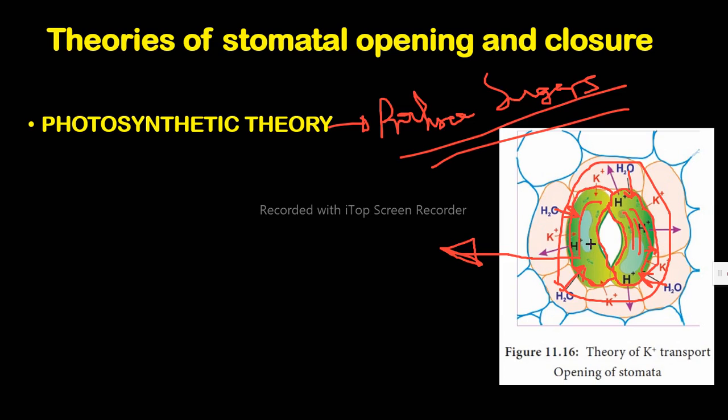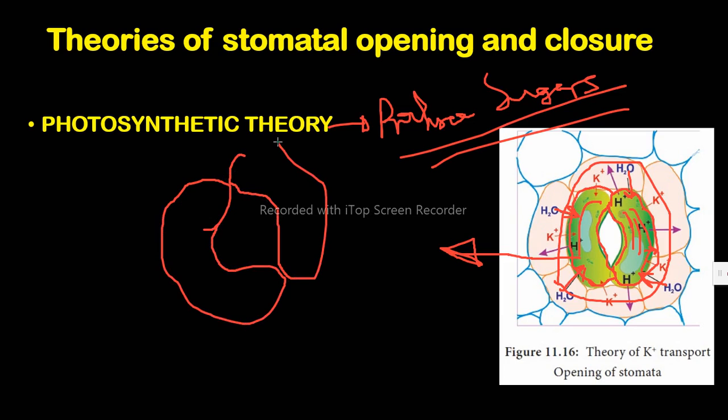Hence the cell walls. Now, like I said, these guard cells have irregular thickening. Let me try to illustrate. Whereby the inner walls are highly thickened. I've exaggerated. And the outer walls are less thickened.